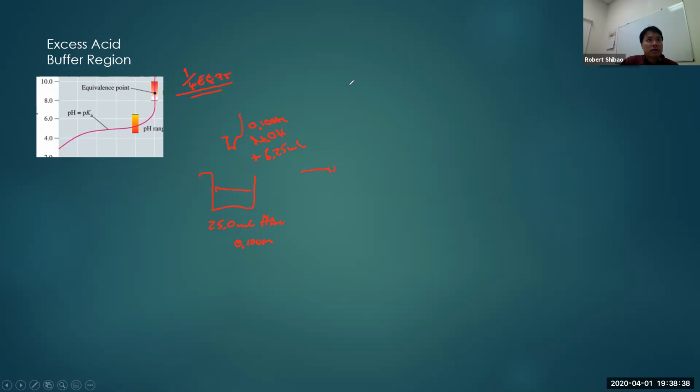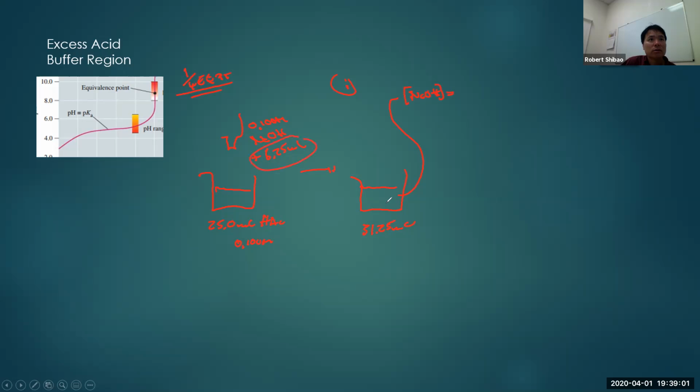Okay, so the first step in a titration problem is solution dilution. And so I'm going to end up with 25 plus 6 1/4, which gives me 31 1/4 milliliters total. And in that 31 1/4 milliliters, I need to calculate the new concentration of sodium hydroxide. The new concentration is going to be the dilution factor.